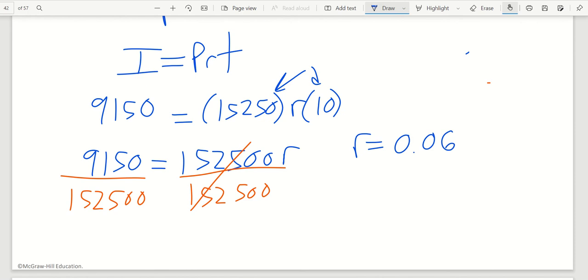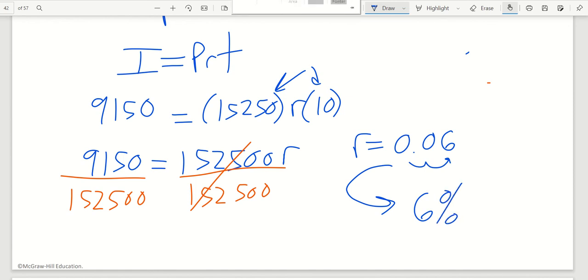And that is correct. That is our rate. But remember, if we're stating it, typically it's given as a percentage. So we want to convert from decimal to percent. That would involve sliding the decimal spot 2 places to the right, and we would report a rate of 6%. So the rate on this problem would have been 6%.